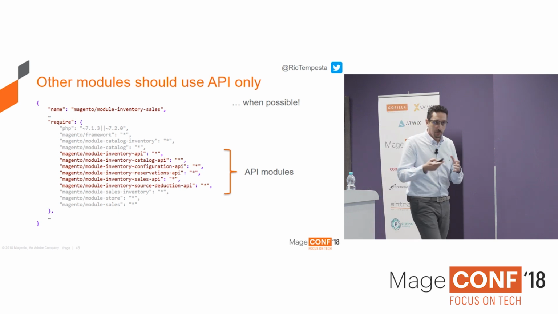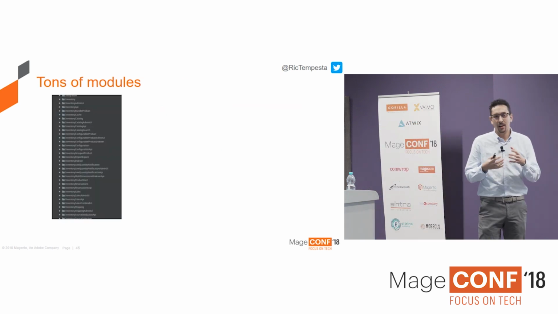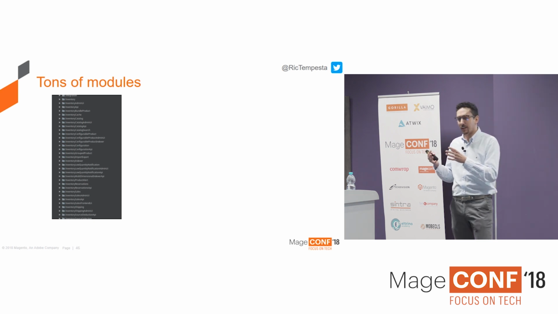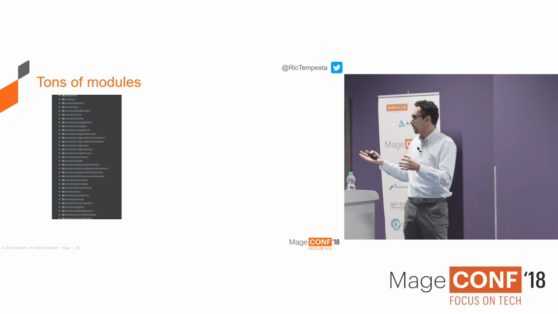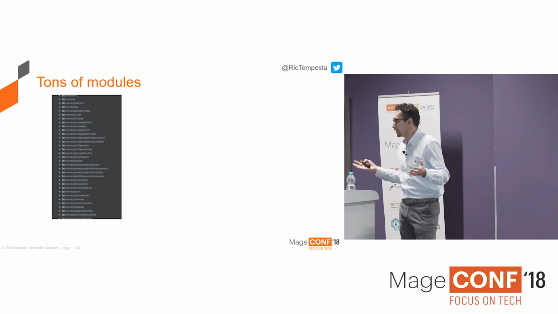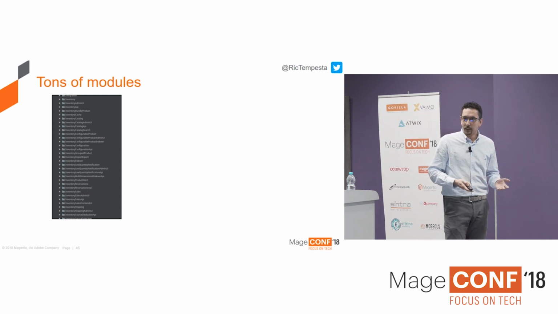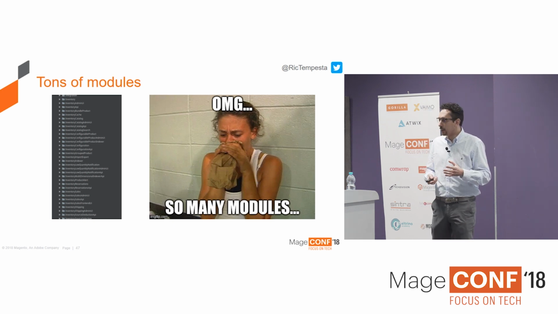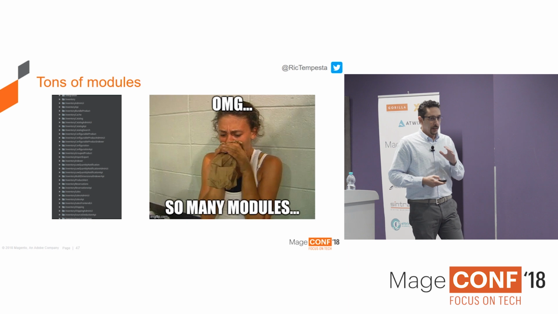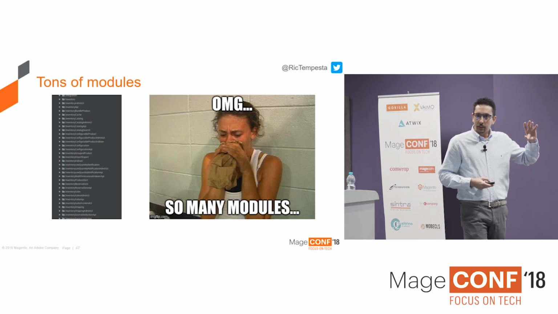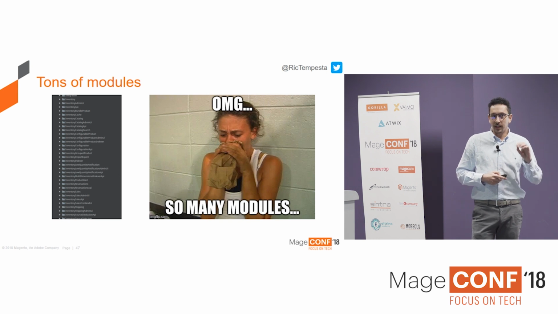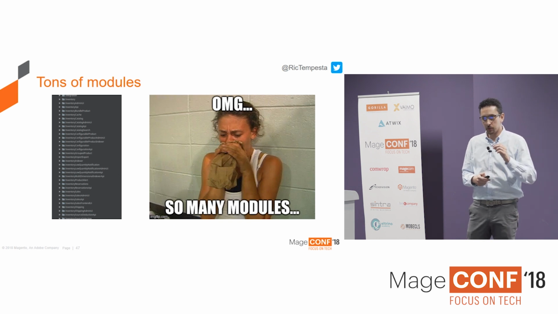But of course, this kind of approach leads you to have a lot of modules. And this is what MSI actually became. So you have, I don't know how many modules. Do you remember how many modules? 30, 40, I have no idea. So yeah, the first reaction is usually panic. But I can say one thing, I told you before: when you have very well-defined responsibilities, it's very easy to find the piece of code that is doing something.